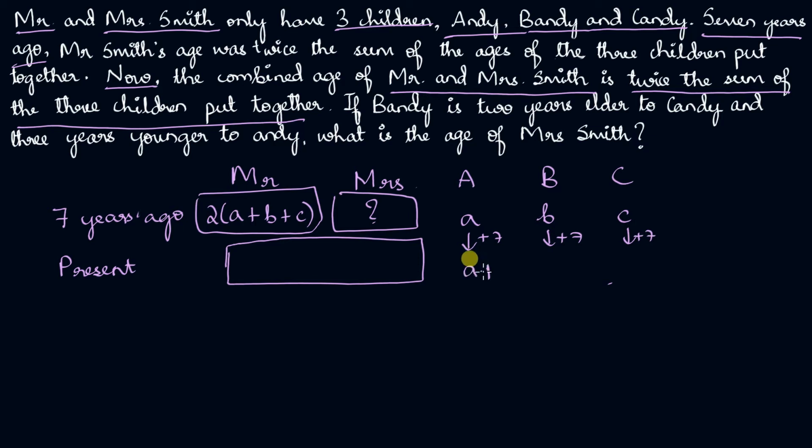So this will be A plus 7. I'll write that down a little neatly. A plus 7. This will be B plus 7. And this will be C plus 7.